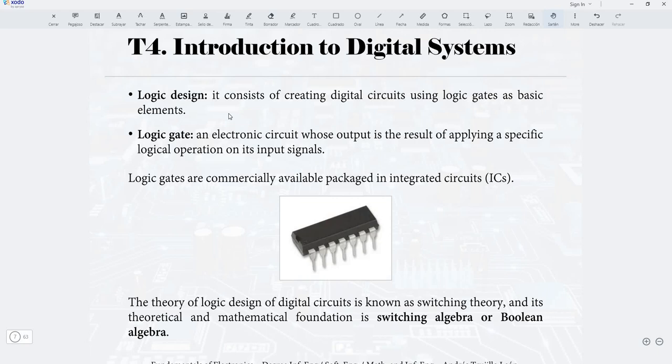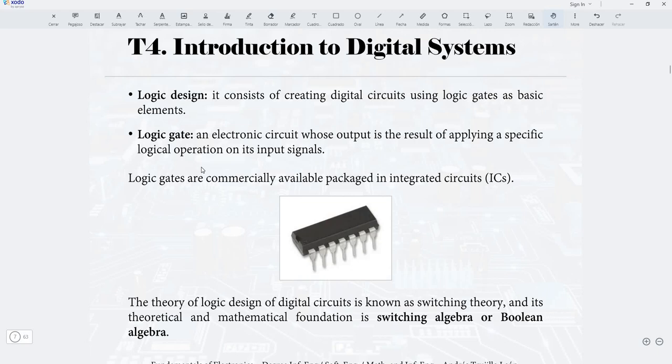We have designed, for example, NAND or NOR logic gates using transistors. A logic gate is an electronic circuit that performs an operation. You know this from topic 3. If we connect several logic gates to have a more complex function, we have a logic design. Okay, you have to know this. In logic design, we connect logic gates to implement a function.